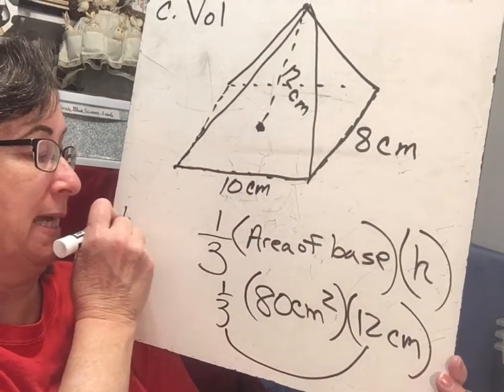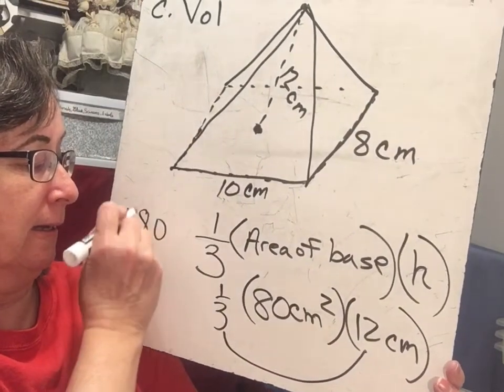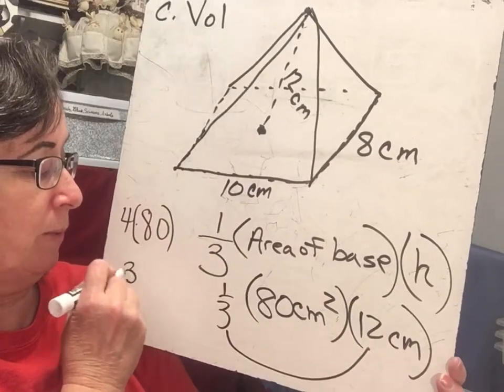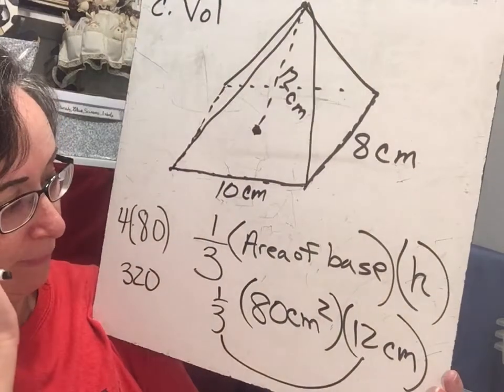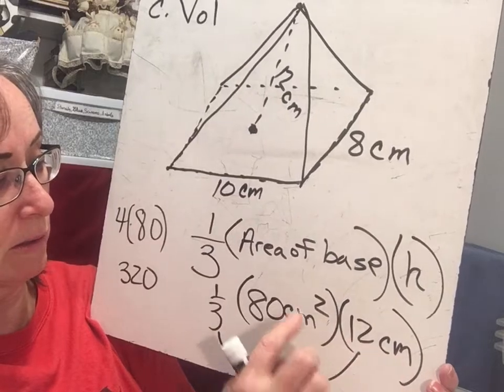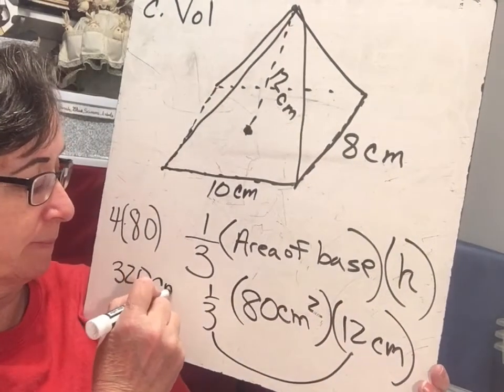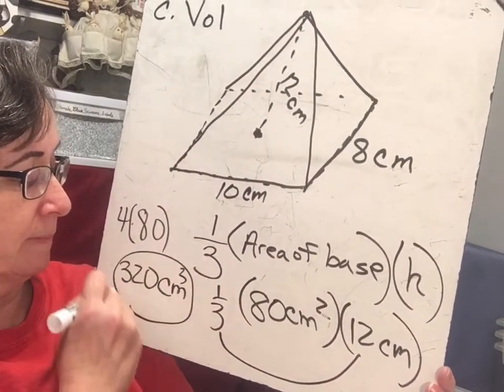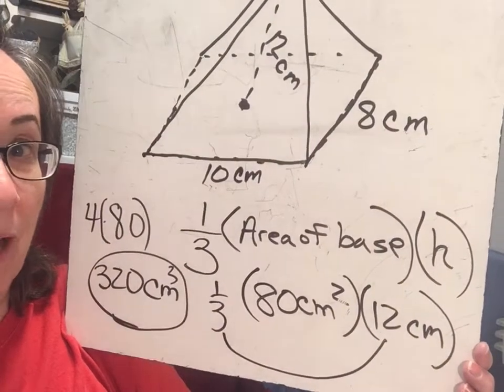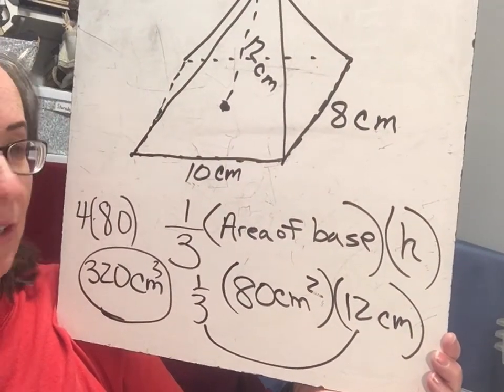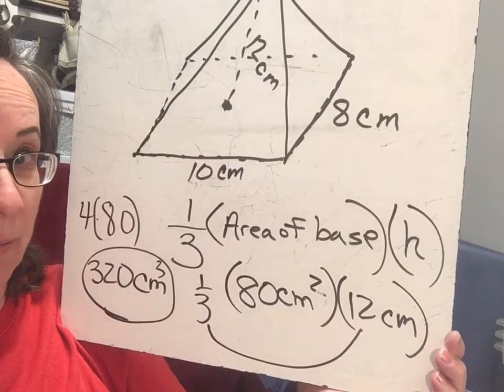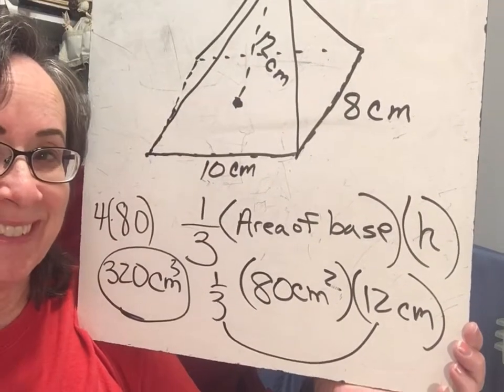So 4 times 80 is going to be 320 centimeters cubed. And that is the volume of that figure, drawn better in the book than on my board.